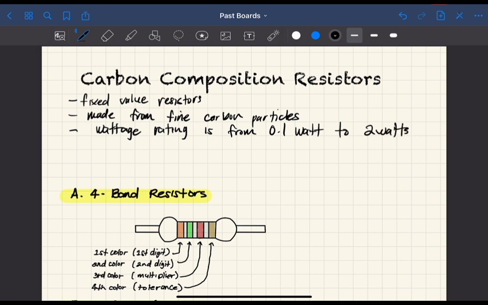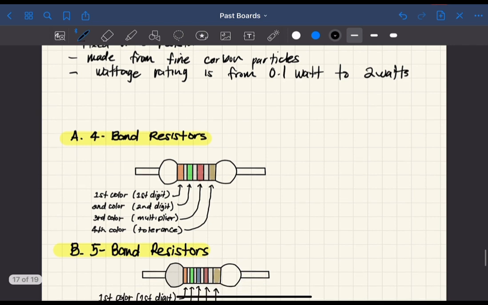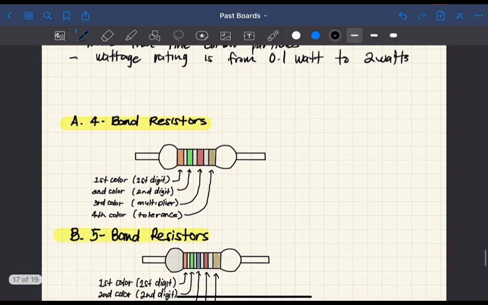Now, these are resistors that are very colorful, and these colors represent something. They will determine the ohmic resistance or the value of the resistors.